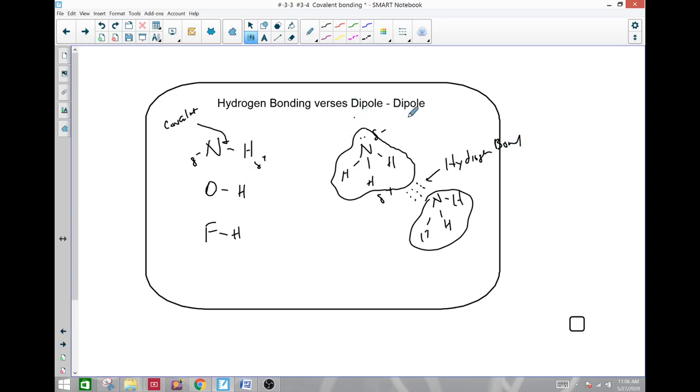Okay, dipole-dipole is when we have a stealer, N, O, and F, but it's not hooked to a hydrogen. So now this becomes partial negative, this becomes partial positive. Some other substance equals some other atom, not a stealer and not a hydrogen.